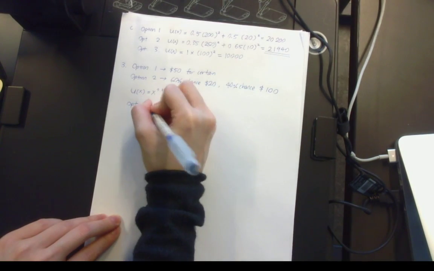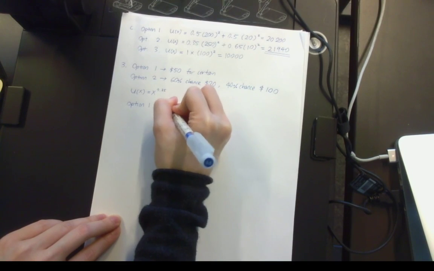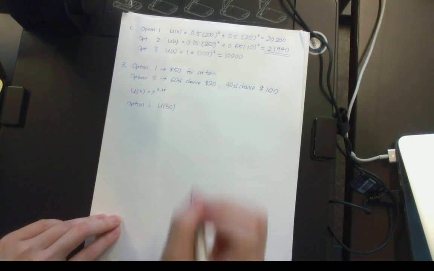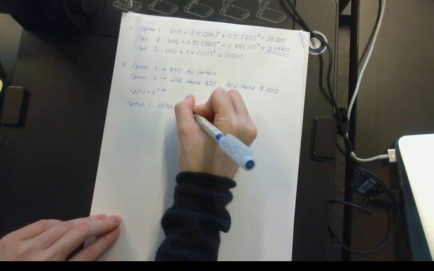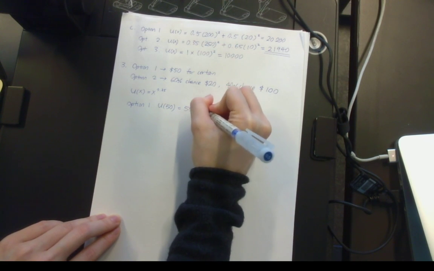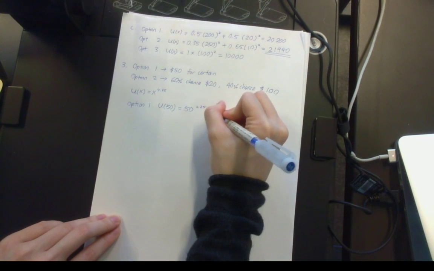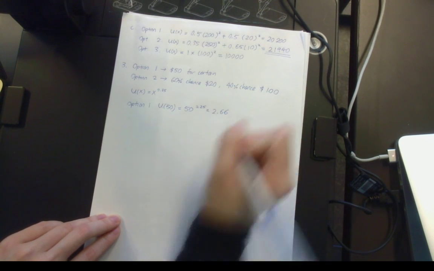So option 1, you have an expected utility of 50 to the power of 0.25. So that gives an expected utility of 2.66.